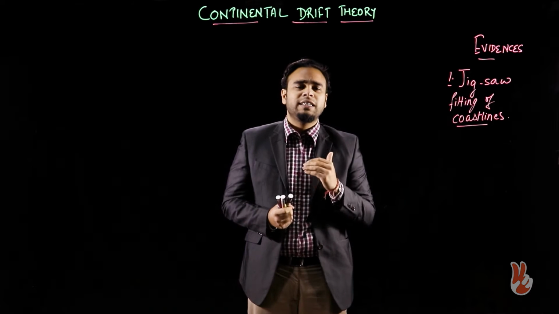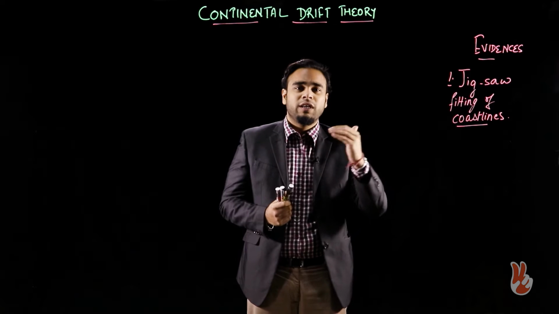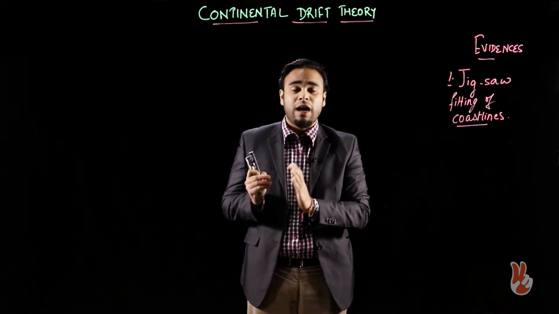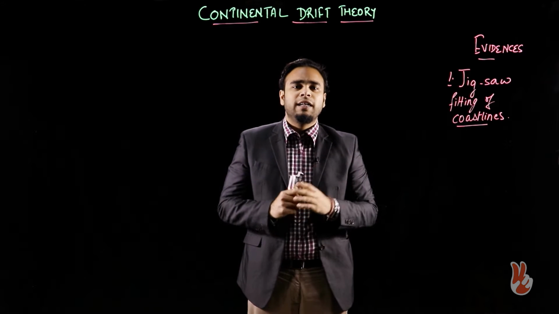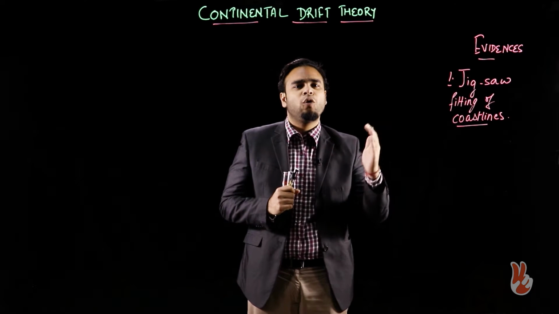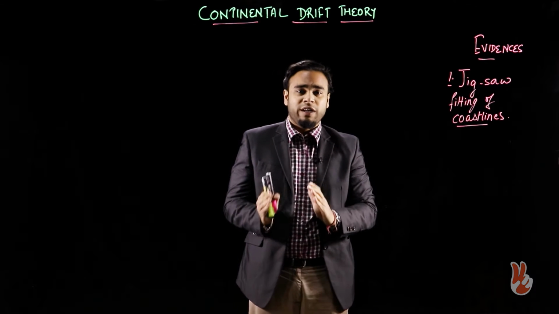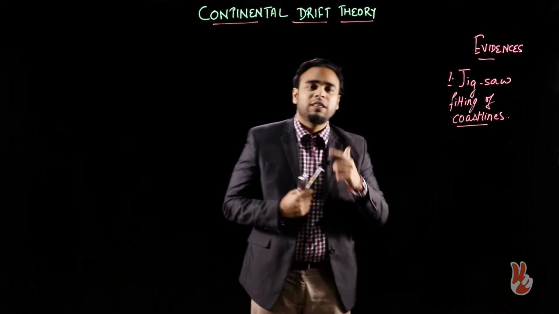For example, as the continent was moving in the northward direction, he told that Africa and South America broke from each other, and if you look at the coastline of the South Atlantic Ocean, the west coast of Africa fits directly into the eastern coast of South America.